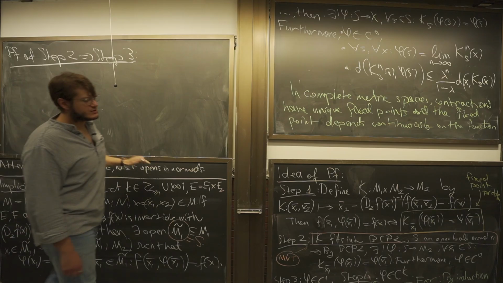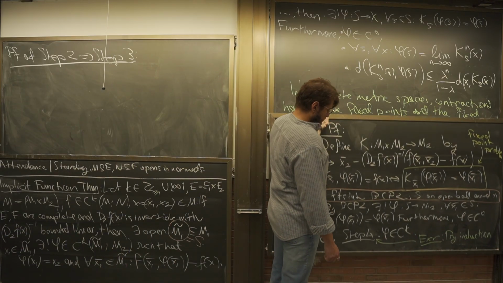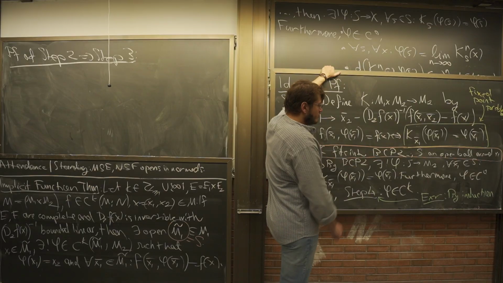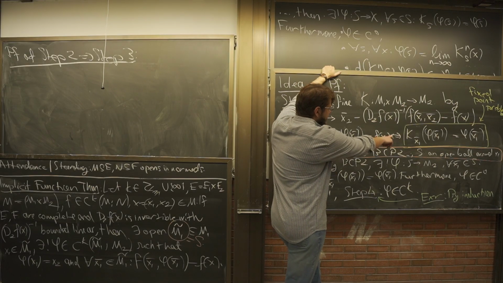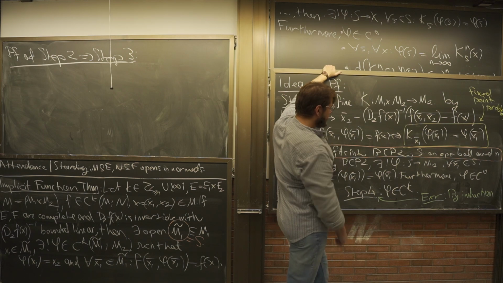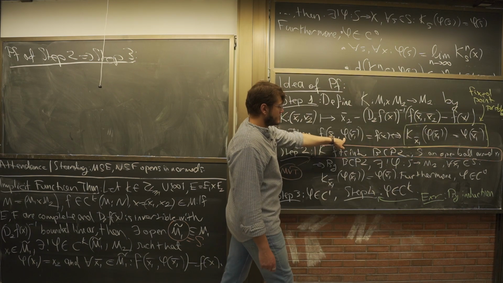I have at this stage, at the end of step 2, a continuous solution to my implicit function problem. Okay? Because in step 1, we verified that the fixed point for k is the same thing as a solution to the implicit function problem.